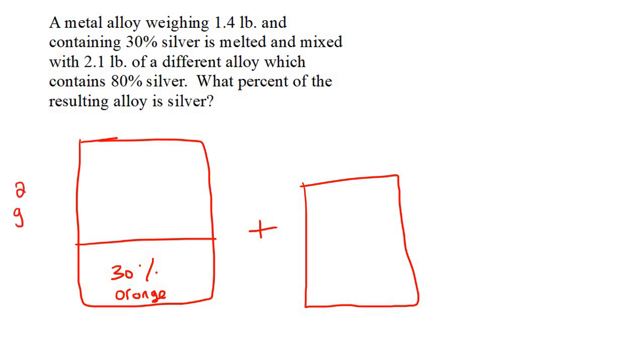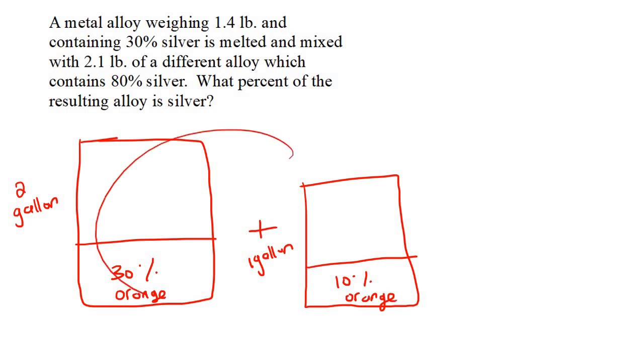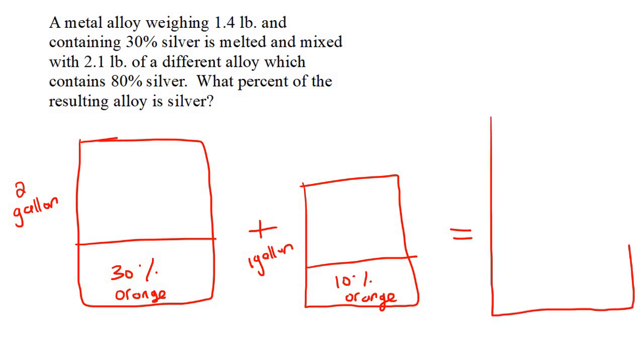This one is 2 gallons, and then this one is 1 gallon, and it is a 10% orange. Now you're going to take those two solutions and mix them together and produce this 3-gallon container, because it's 1 gallon plus 2 gallons, so that makes 3 gallons, and it's going to have some orange juice.